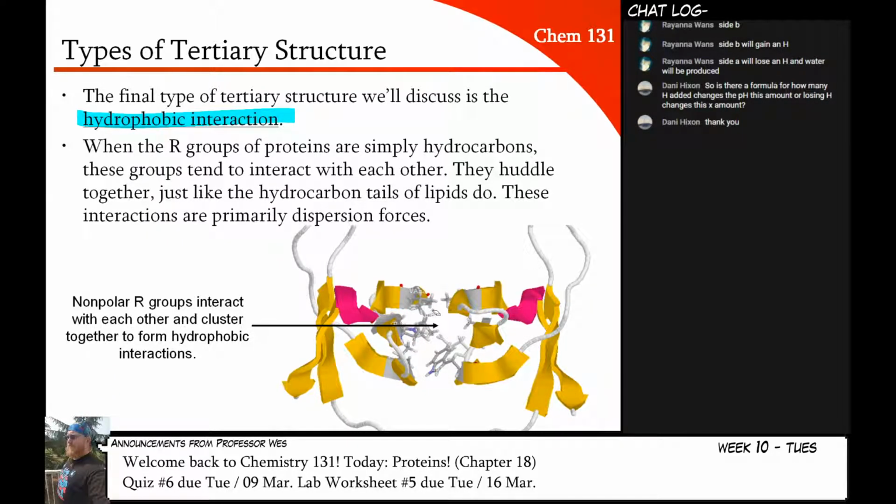And so what ends up happening is I have dispersion forces that hold those parts together. So it's more or less the same mechanism by which lipid tails hold each other together. So if I have a bunch of saturated fatty acids, their tails are all linear and would hold together.